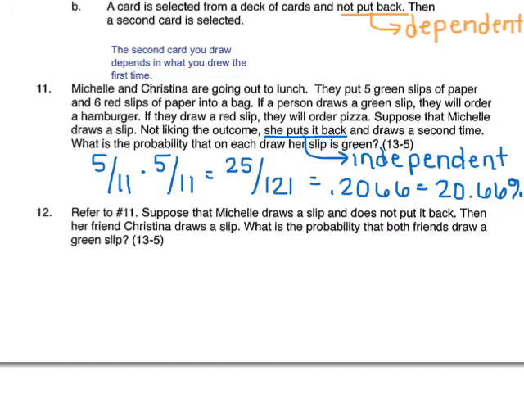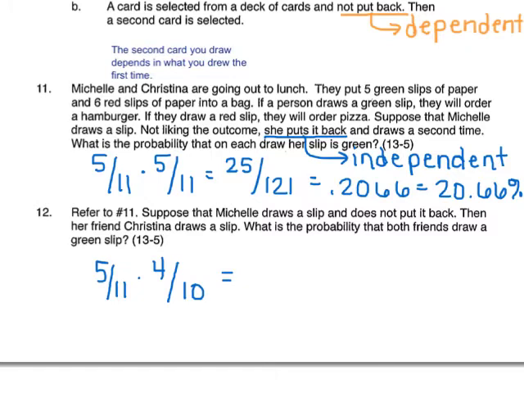Okay, so now back in that same situation, she draws a slip and does not put it back. Then Christina draws a slip. What's the probability they both draw a green slip? So Michelle draws that first slip, so there are still 5 green slips out of 11 total. But now she doesn't put hers back. So when Christina goes to draw, there are only 4 green slips left in the bag. And because there's one missing, there are only 10 slips in the bag total.